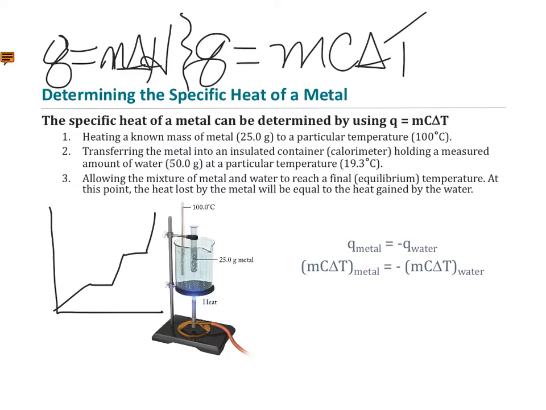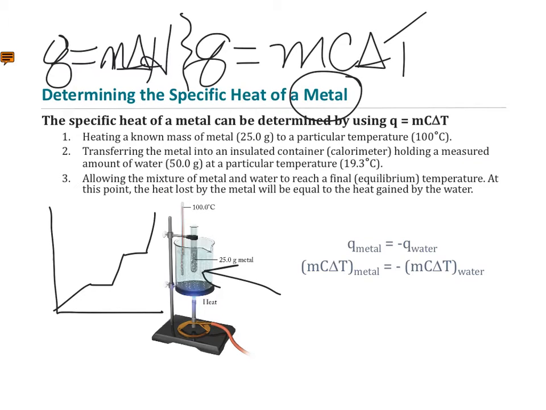There's one more thing I want to go over that uses the MCΔT equation that can be a little bit tricky, so I just want to work one out for you. There are some cases where there'll be a problem where typically a chunk of metal will be heated up to a certain temperature and then dropped in a container of water.